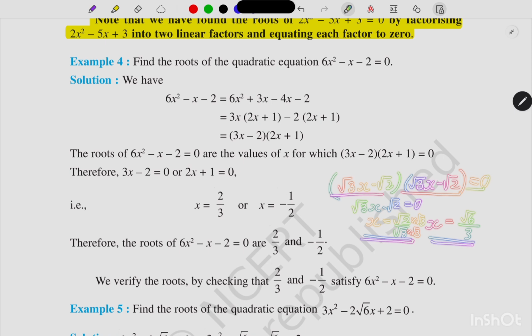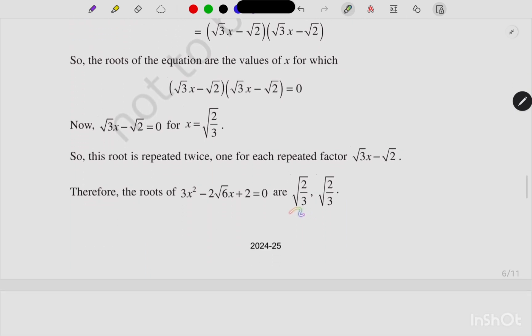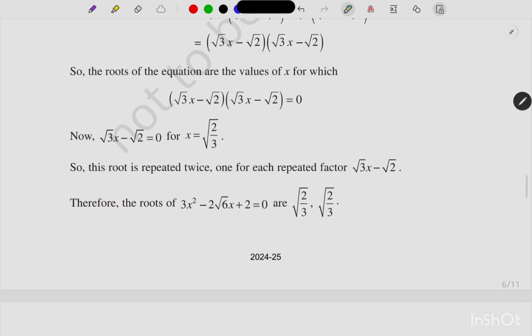X is root 6 divided by 3. And now don't worry, root 2 by root 3 is the same as root 6 divided by 3. There we go. As I said, you can leave it like this, but if you want extra finer points, then rationalize the denominator.